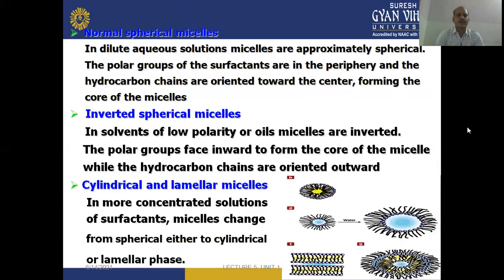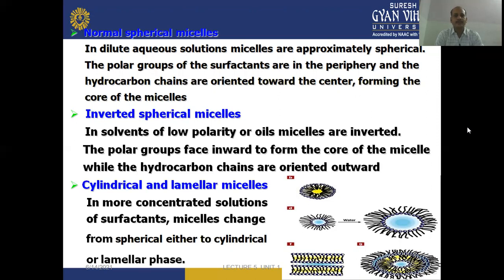Normal spherical micelles: in dilute aqueous solutions, micelles are approximately spherical in shape. The polar groups of the surfactants are in the periphery and the hydrocarbon chains are oriented towards the center, forming the core of the micelles. In inverted spherical micelles, in solvents of low polarity or oil, micelles are inverted.